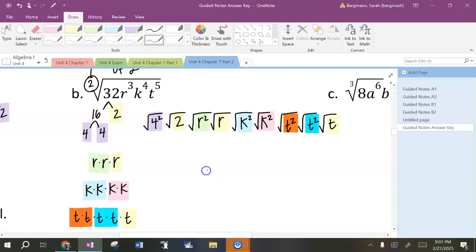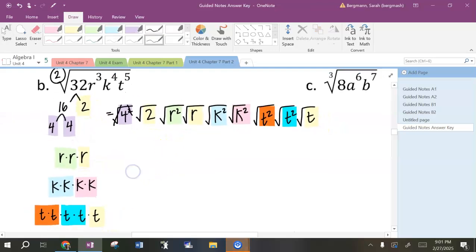Anything that's a perfect square cancels out the square root. So that 4, the squared cancels out and the square root cancels out. The 2 cannot cancel the radical, so it's staying under the radical. This square root can cancel out with the squared and the green R. This k can cancel. That t, again, has to stay under the radical.